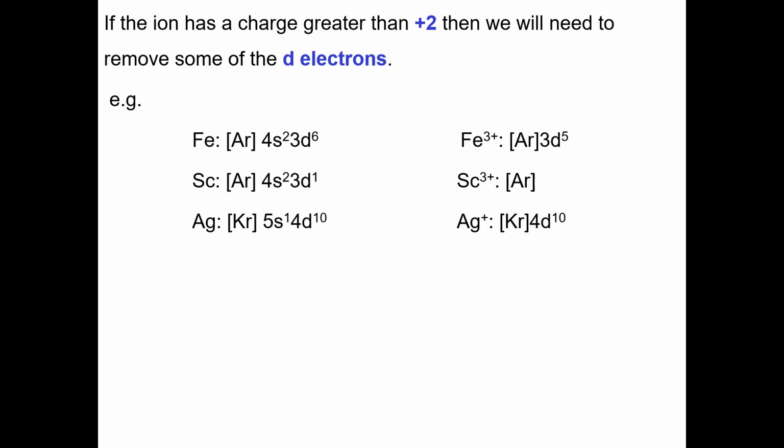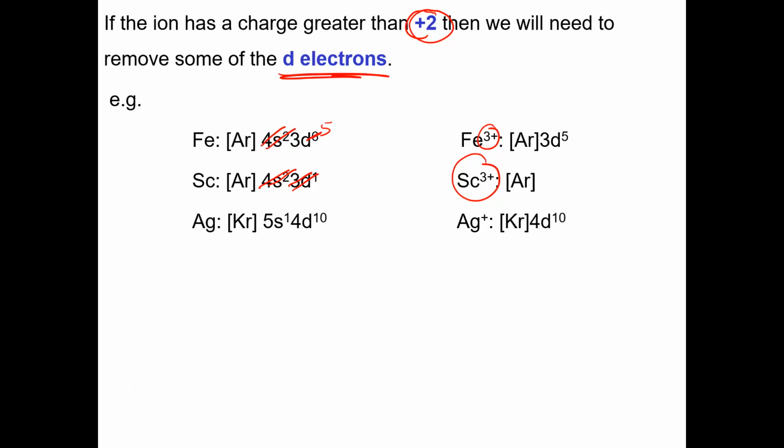Only if the ion has a charge greater than +2 will we need to remove some of the d electrons. For example, for iron 3+, first I would remove the two s electrons because they have higher shell number, and then I would take away one of the d electrons. For scandium 3+, it's a no-brainer: I have to take away all 3 of the valence electrons.